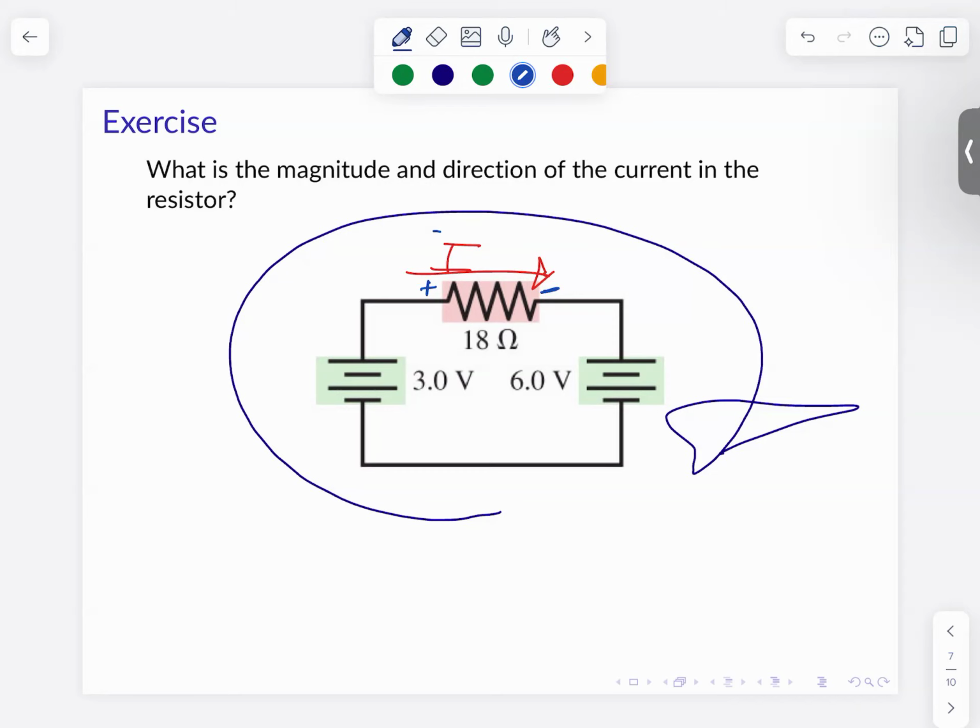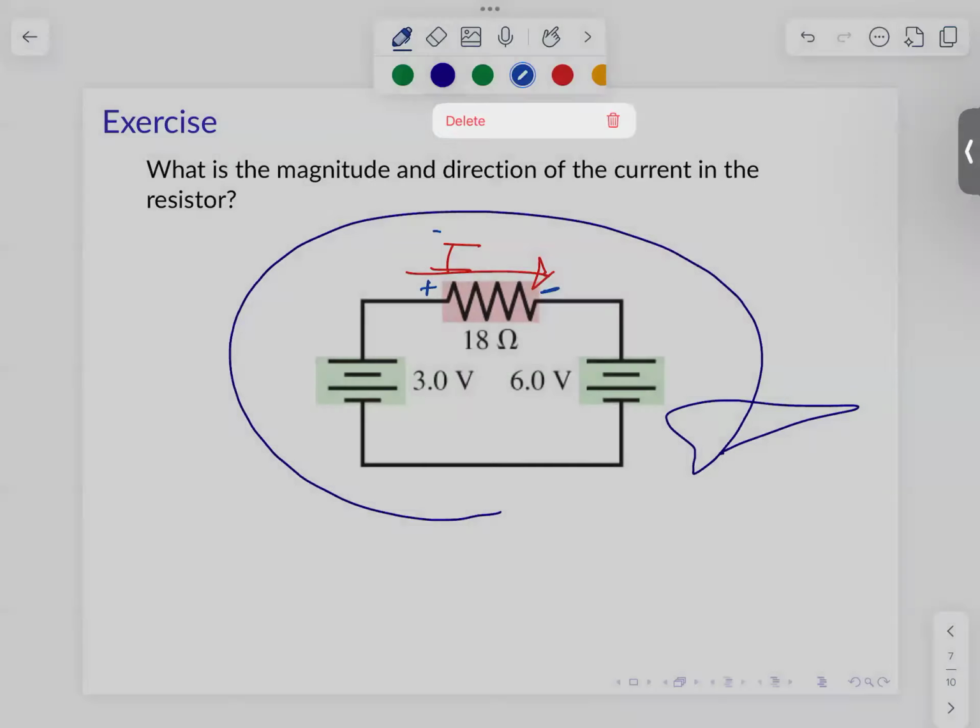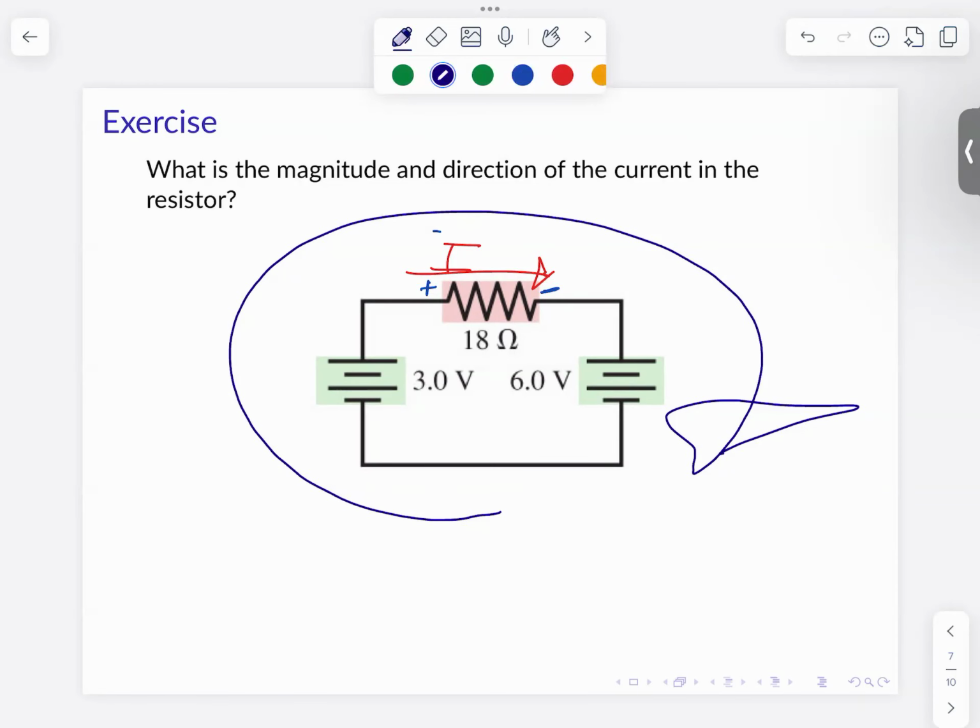Here we go. I'm going to write down my equation now. Voltage gain equals voltage loss. Let's step through each component. Have I gained or lost voltage from this point to this point? I've gone from the negative side of the battery to the positive side of the battery. Has my voltage gone up or down?